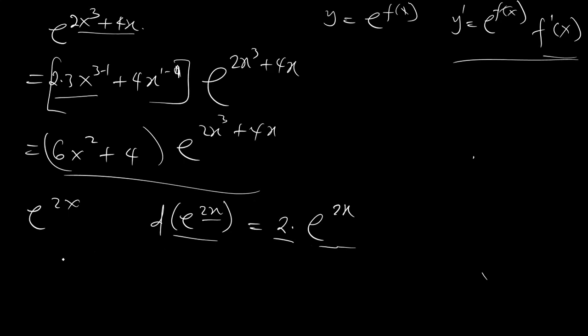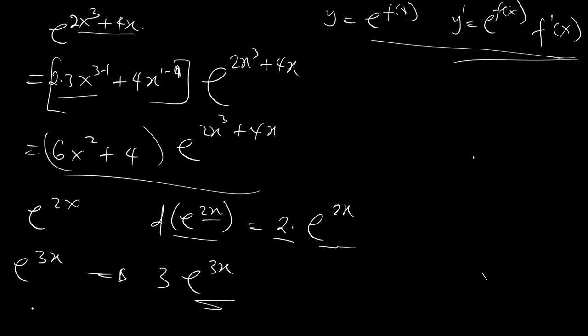So that is it. Now let's do the derivative of e to the power 3x. It's just the same thing. That means the answer will just be 3 e to the power 3x using this expression.